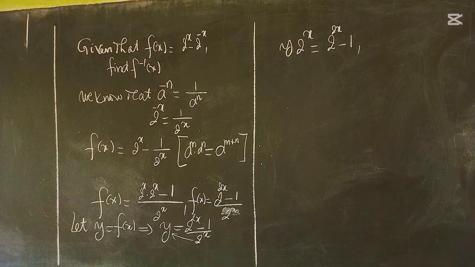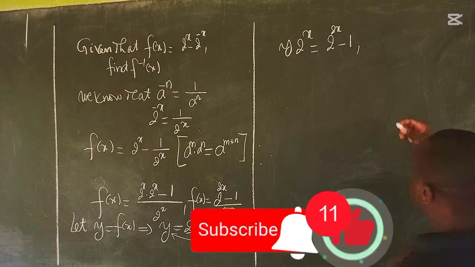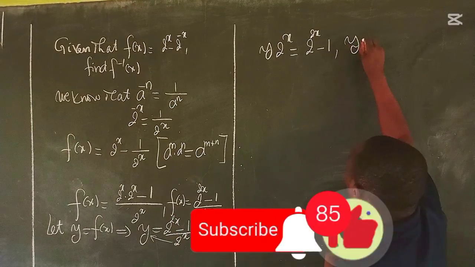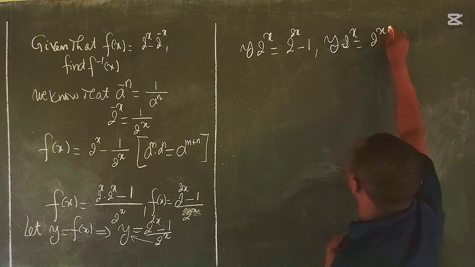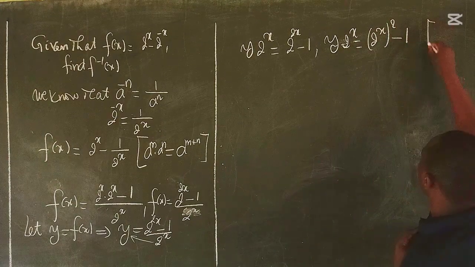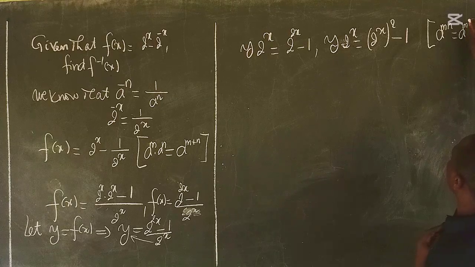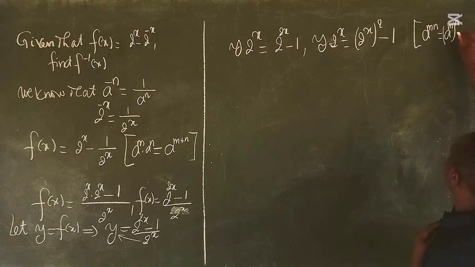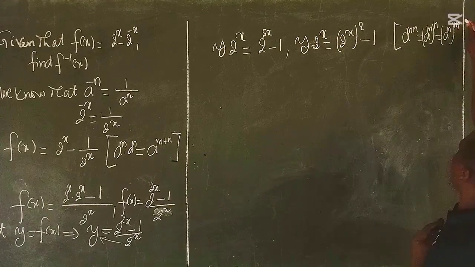We need to form a quadratic equation in 2 power x. Here y times 2 power x is equal to 2 power 2x minus 1, by the property that a power m times n is equal to a power m altogether power n, or a power n altogether power m.